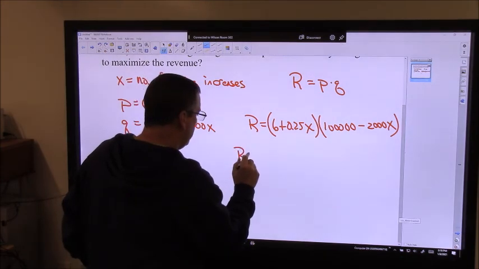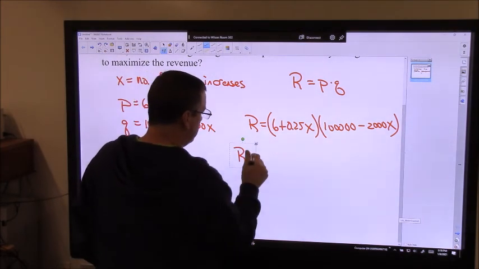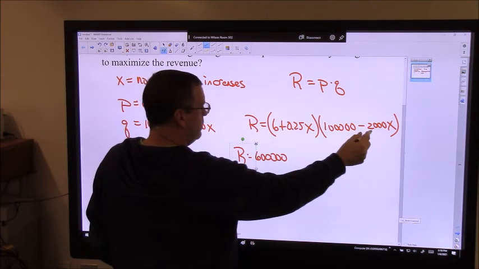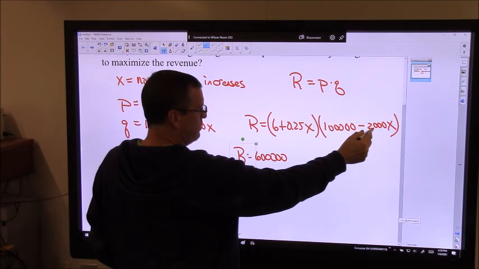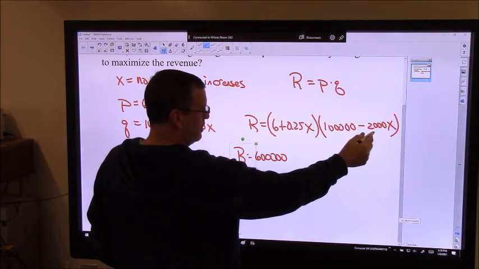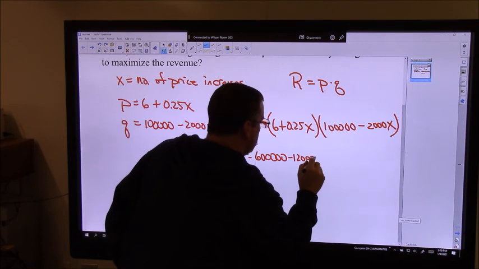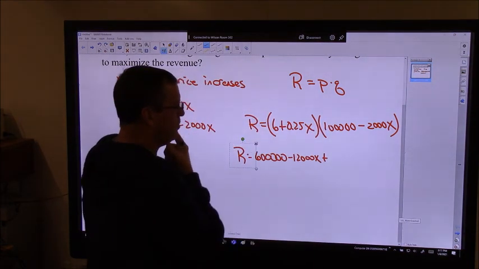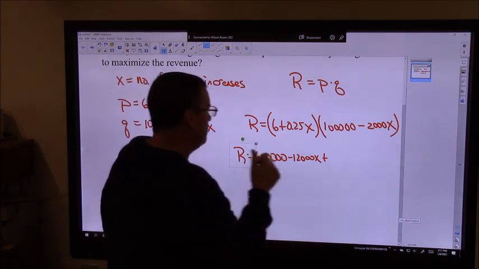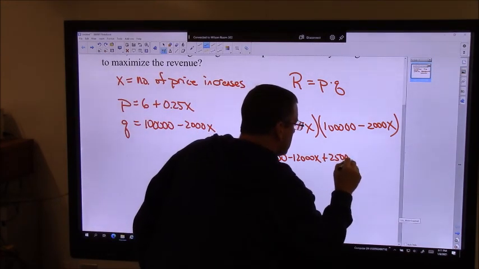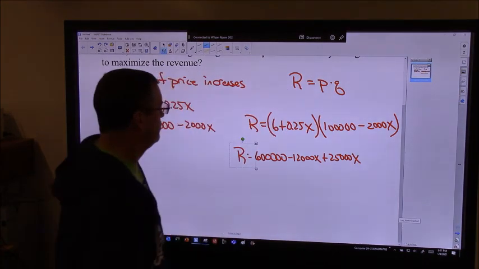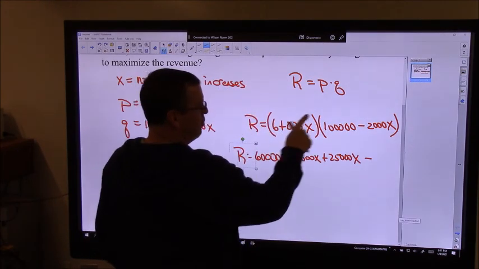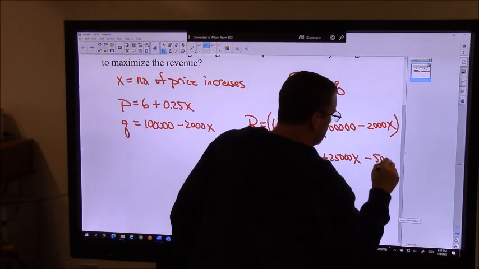So my revenue is going to equal 6 times 100,000 minus 6 times 2,000, that'd be 12,000, minus 12,000x plus 0.25 times 25,000x. And then when I multiply those two, I get a negative, that's the same as a fourth, so a fourth of that would be 500x squared.